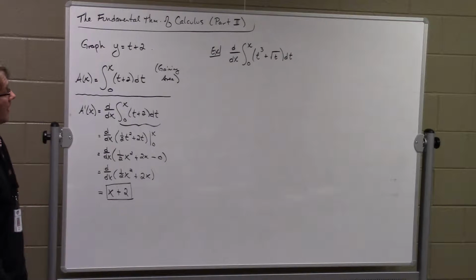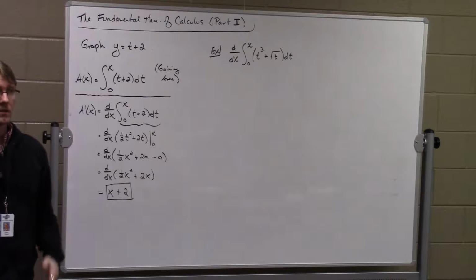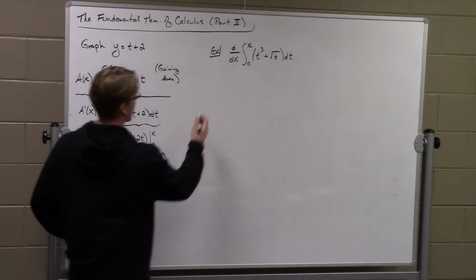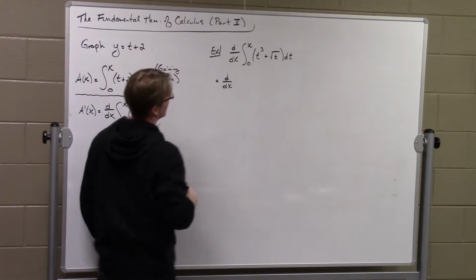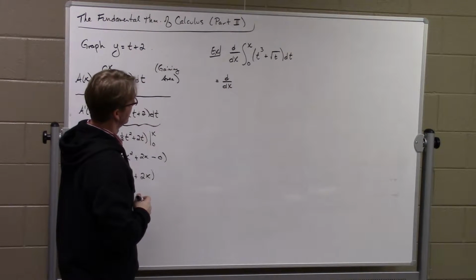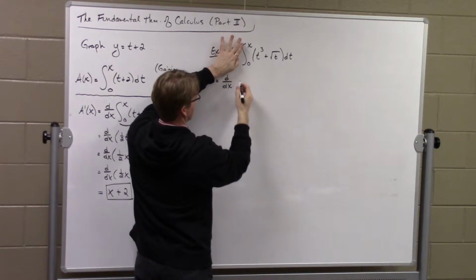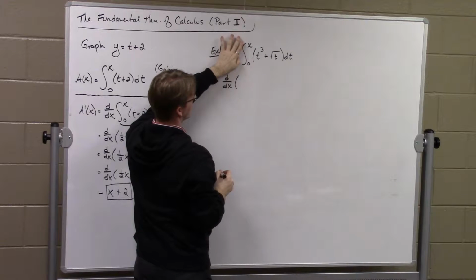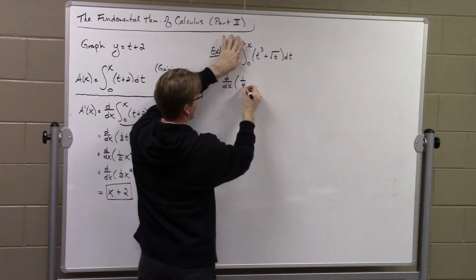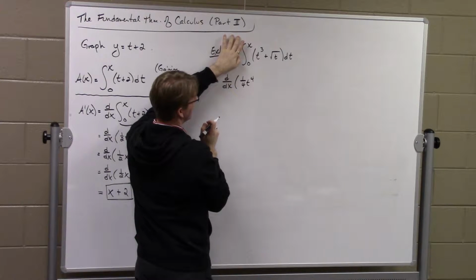Okay, take the derivative of that antiderivative. Let's do it together. Again, before I can take a derivative, we need to do this. What is the antiderivative of t cubed? Then you change that.